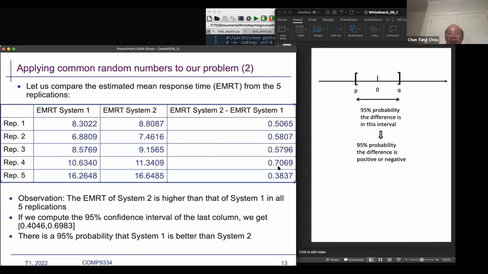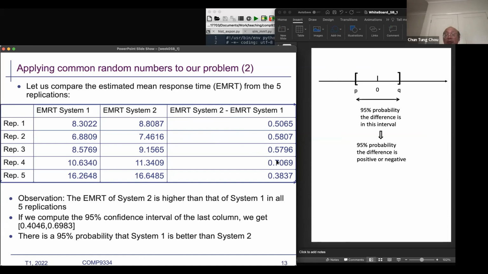Here I only get positive numbers. And what it means is for all the 5 replications, the estimated mean response time of system 2 is a bigger number. System 2 is the MM2Q, and we know that it should have a higher mean response time.